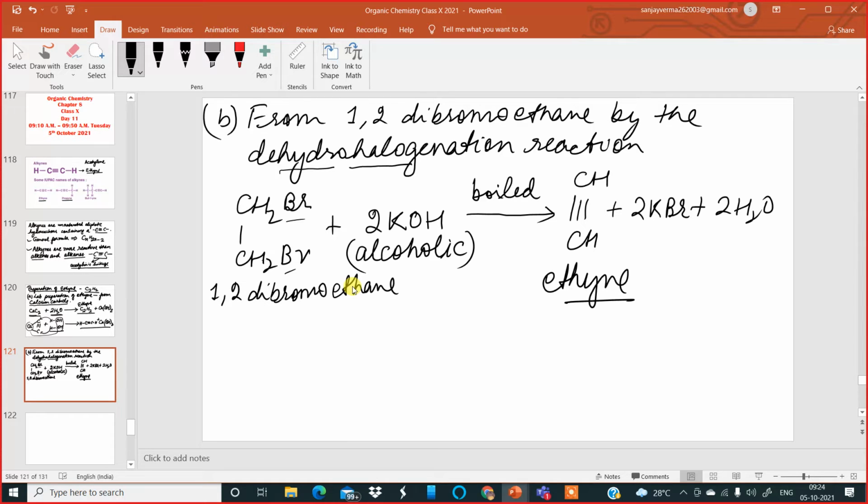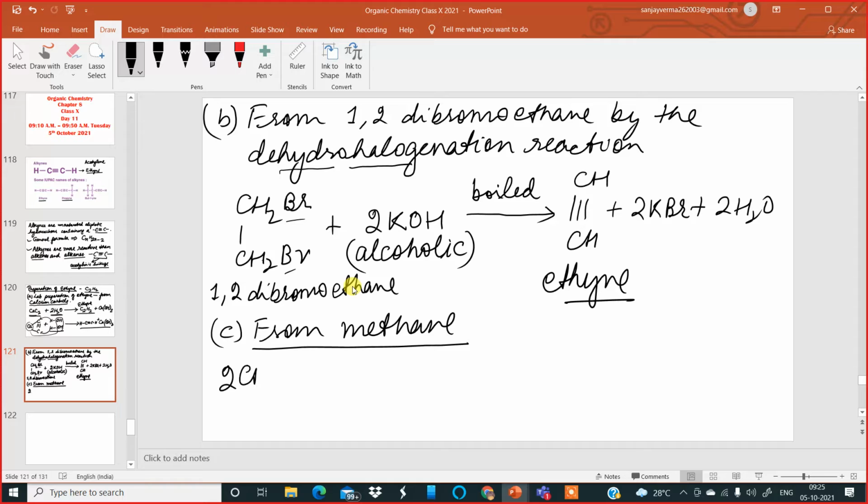Now there is another method for the preparation of ethyne, method C, from methane. You can prepare ethyne from methane by thermal decomposition, or pyrolysis.